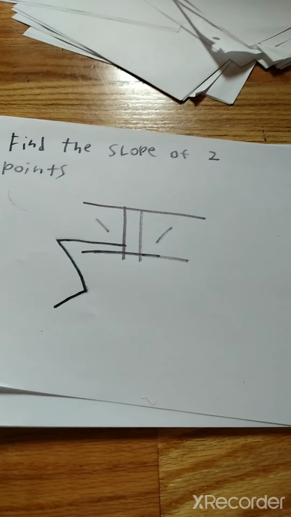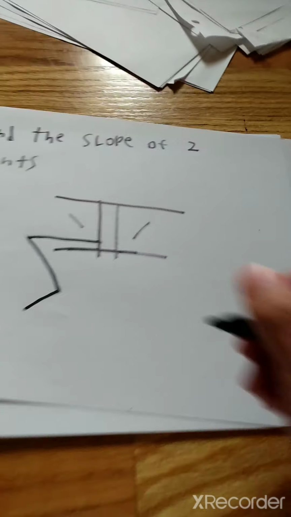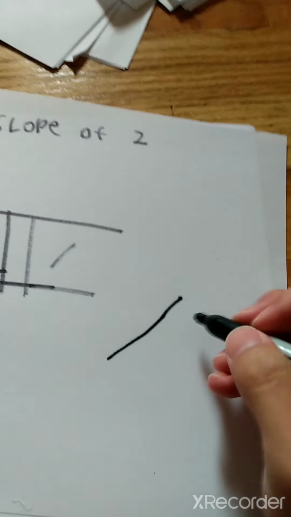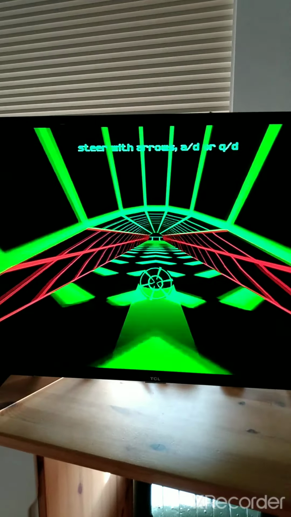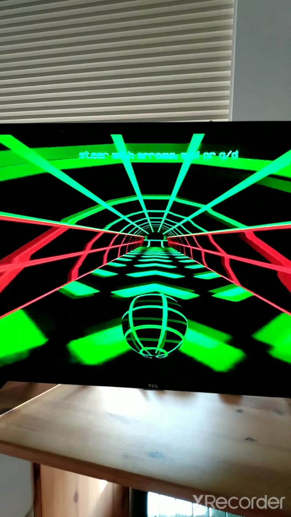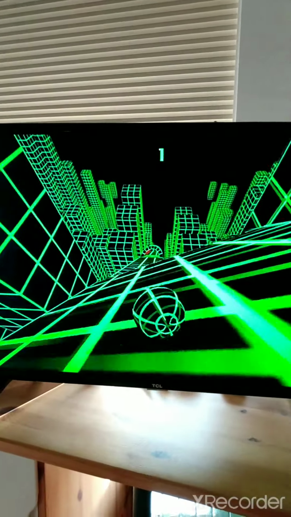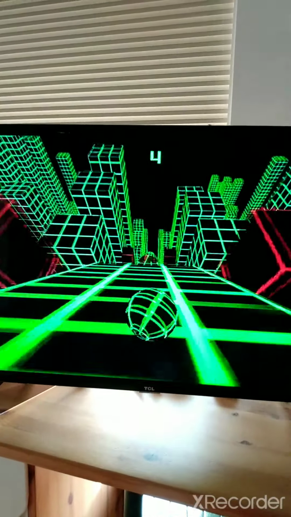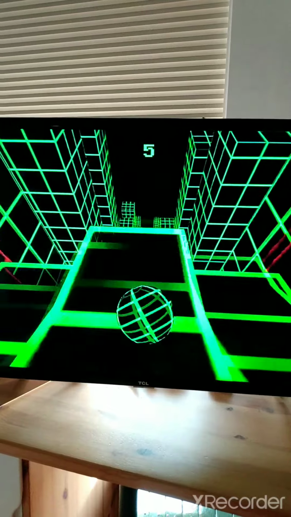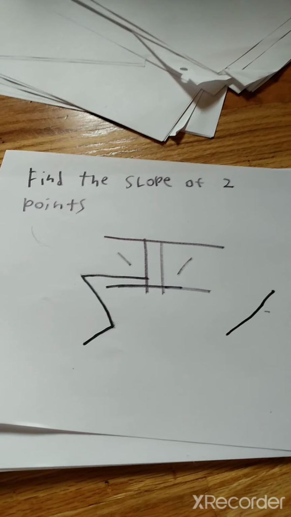To start out, when you hear the word slope, it will look like this, and exactly, that does look like a slope. That is an example of a slope. The ball was going down the ramp like a slope.